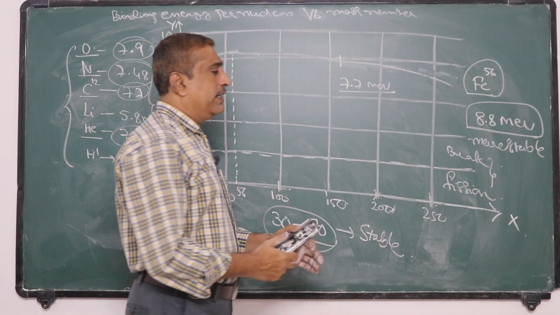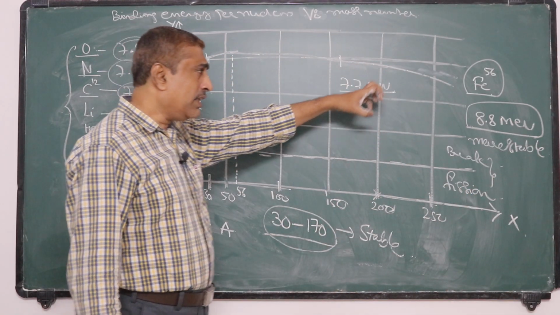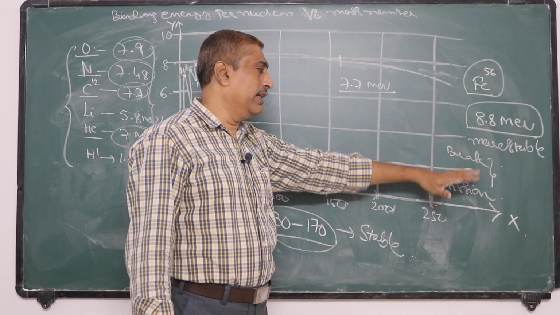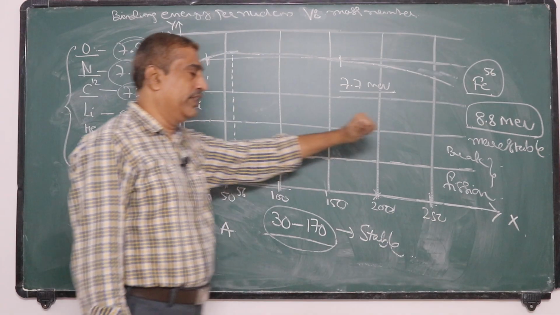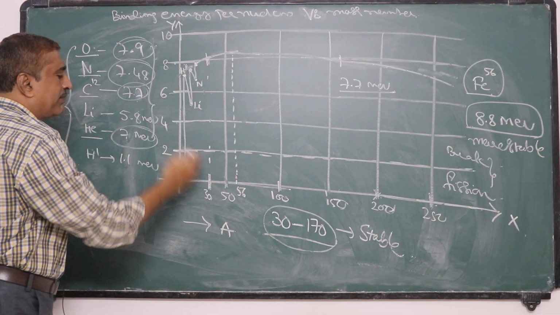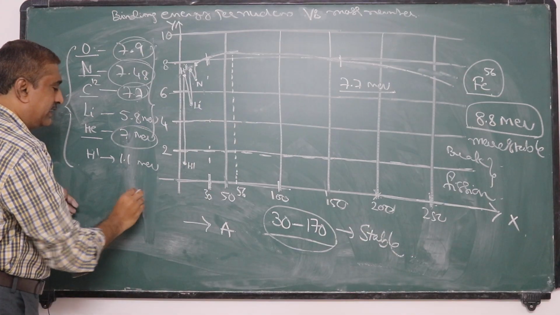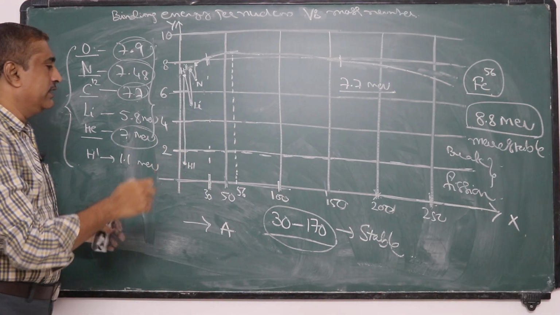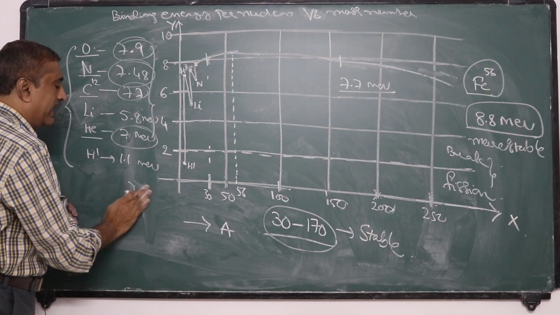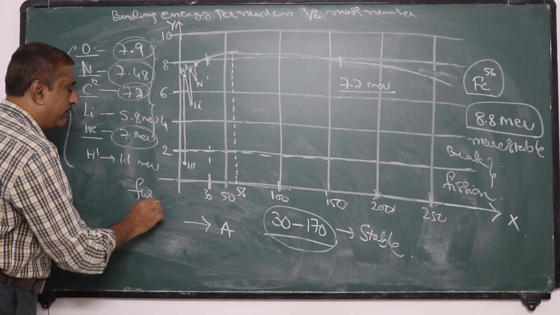That means heavy nuclei break into two smaller stable nuclei, and that process is called nuclear fission. And the nuclei below mass number 30 have a tendency to fuse together. That means two lighter nuclei fuse together to form a stable nucleus, and this process is called nuclear fusion.